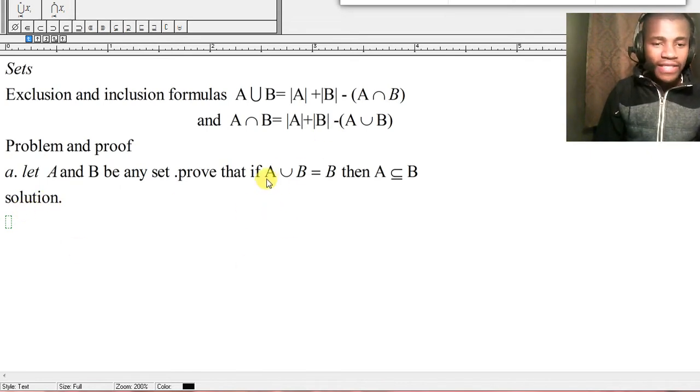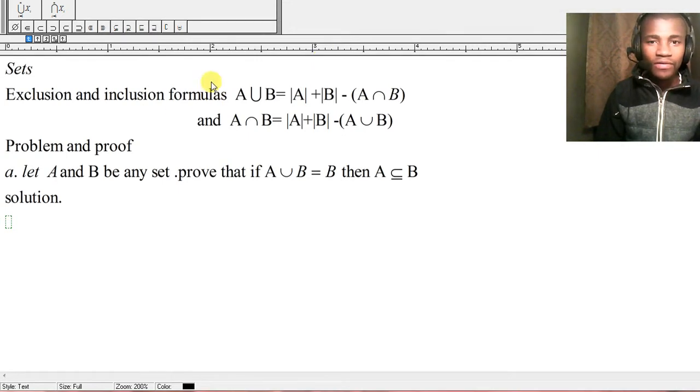Okay, they are saying A union B is equal to B. Let's rewrite that down here so we can visualize it simply. I always like to rewrite problems so it becomes clear to me.